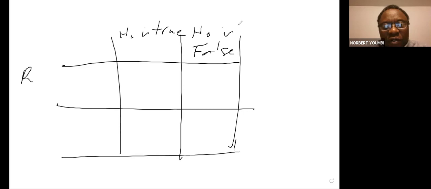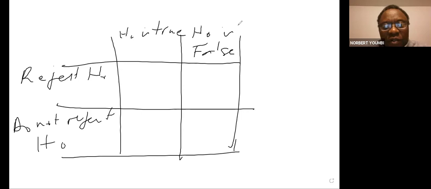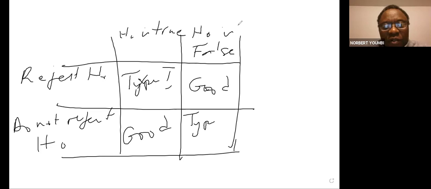And here I will say reject H0, and here do not reject H0. So if H0 is true and we are here and we reject H0, we call it a type 1 error. And here is a good decision if H0 is false and we reject H0. If H0 is true and we do not reject H0, it's also a good decision. And here we will have a type 2 error.